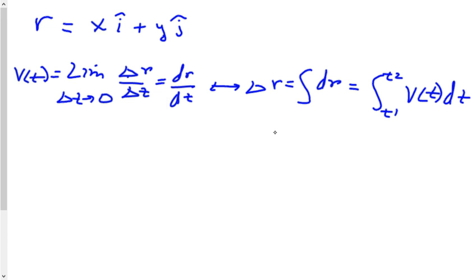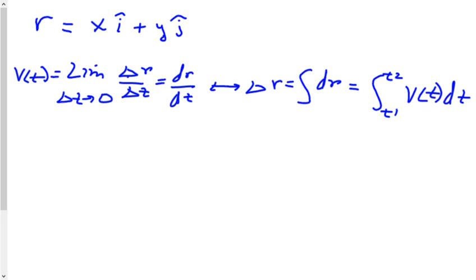Okay, so we have our integration here to go backwards to get r, and we have our derivative to get to v. So back and forth is what we've got here. When I integrate v(t), I will get r. When I take the derivative of r, I will get velocity, just like we did in the previous chapter.